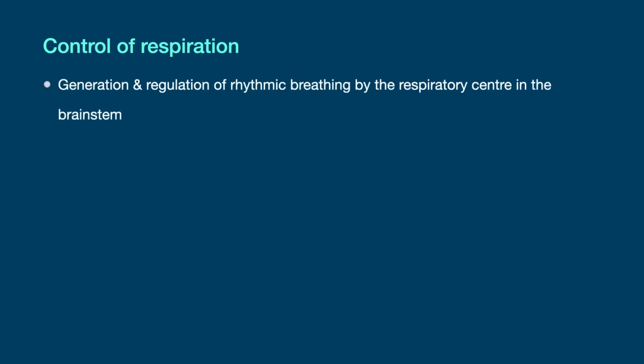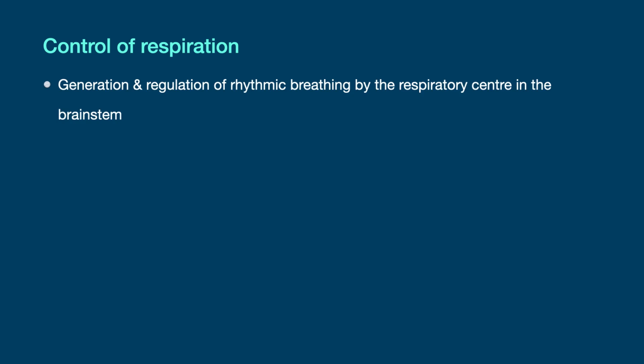Let's talk about the control of respiration, or ventilatory control. This refers to the generation and regulation of rhythmic breathing by the respiratory center in the brainstem, and its modification by the input of information from higher brain centers and systemic receptors.